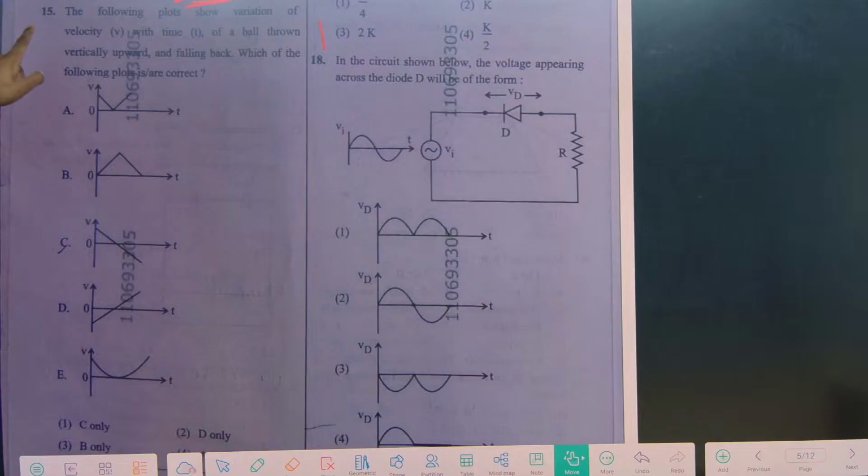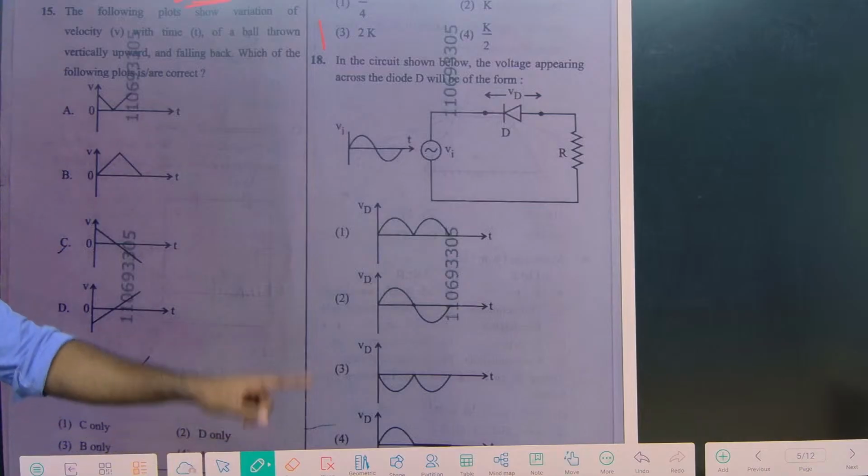Okay, so initially the velocity is decreasing. Velocity decreases linearly, kada.